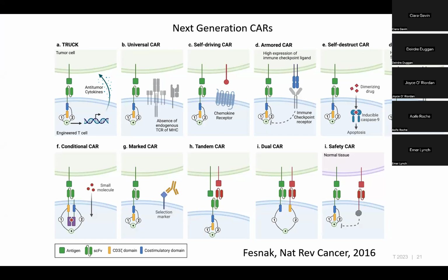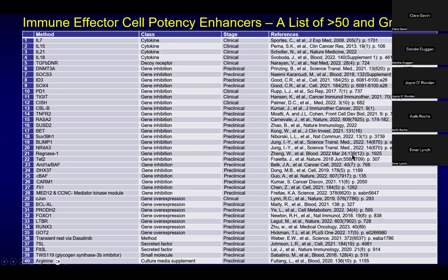This is from a review that we wrote a few years ago on different models of cars. And I won't go through all of them. I'll just reference the article for you, but I do want to talk about the variety here.